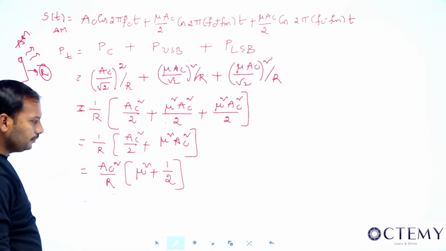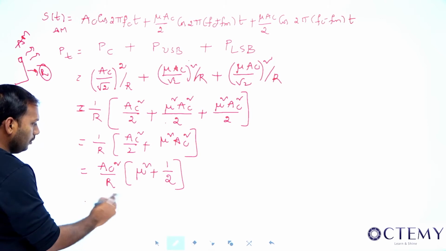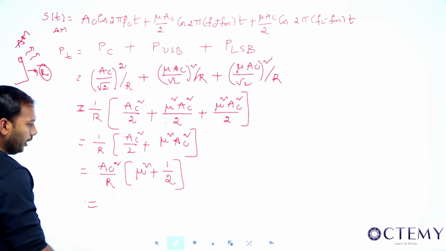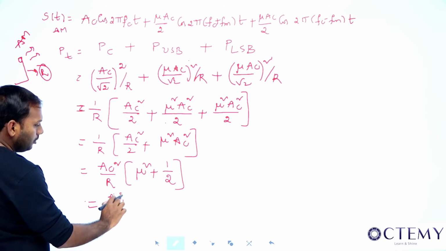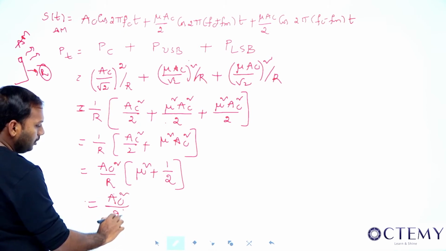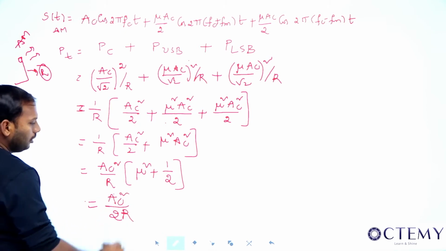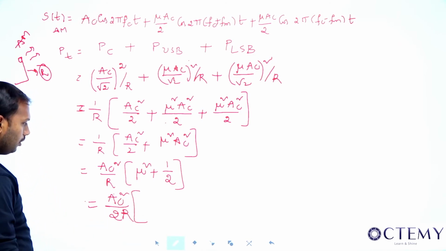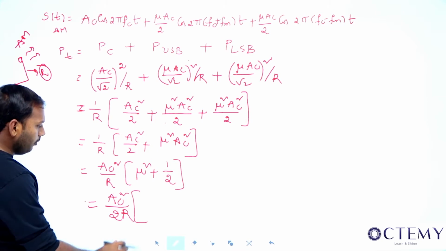Here you try to take 1 by 2 common, Ac square by 2R, so you'll be getting how much?